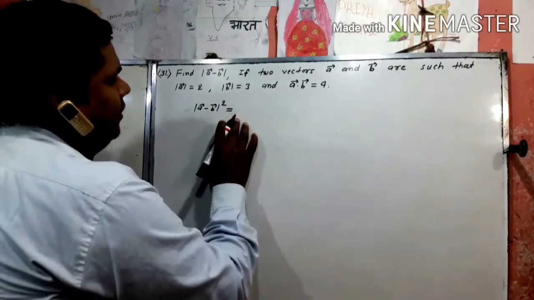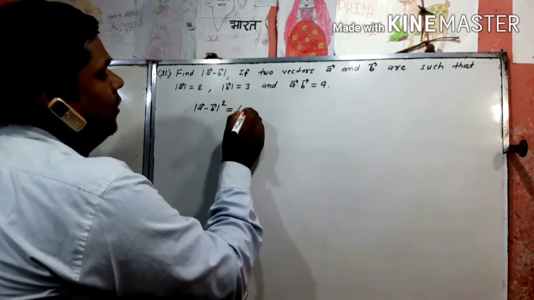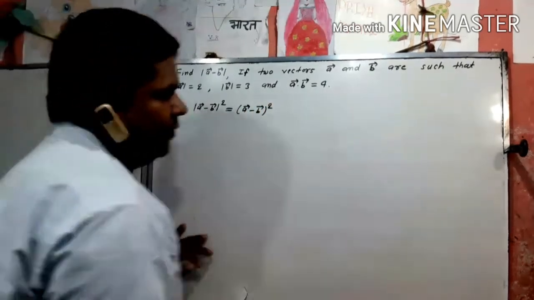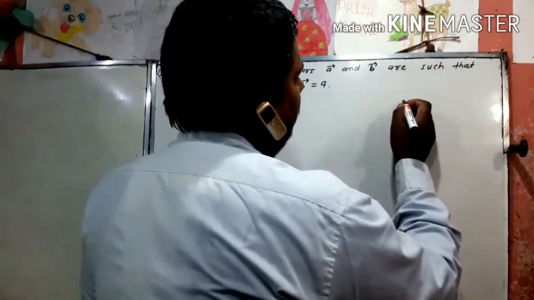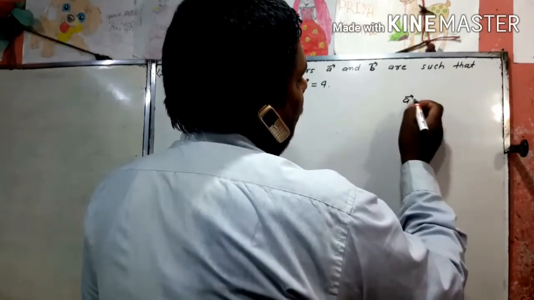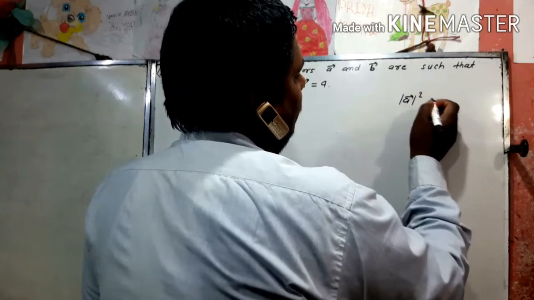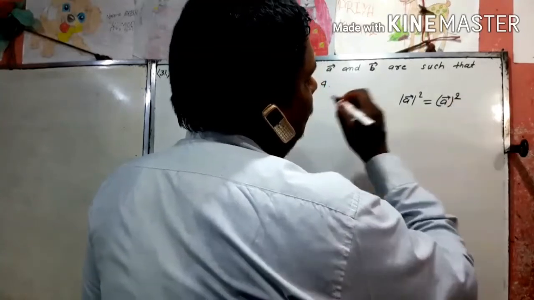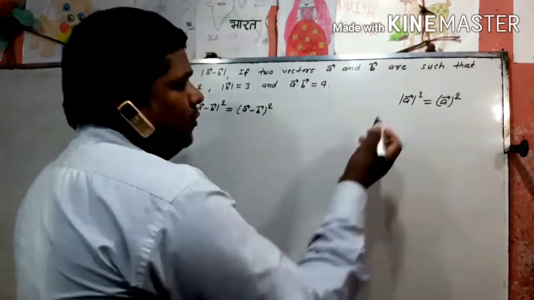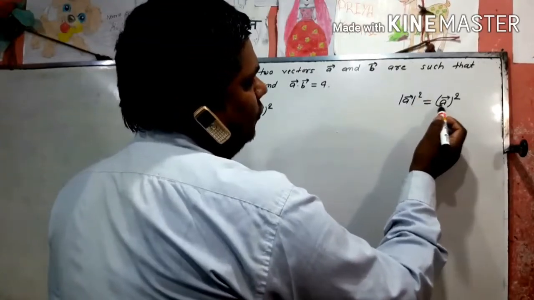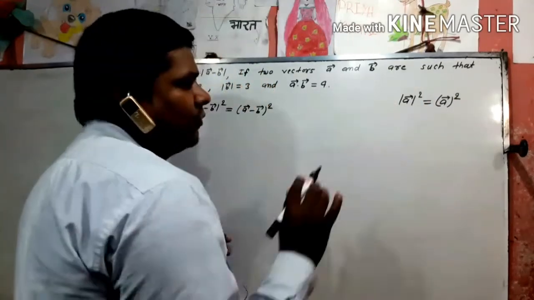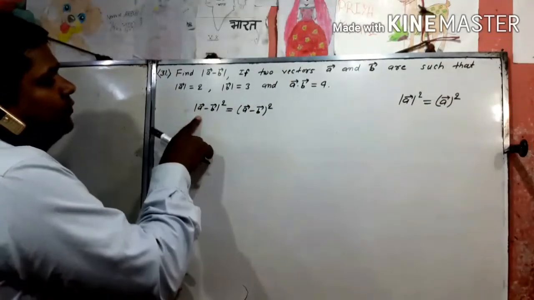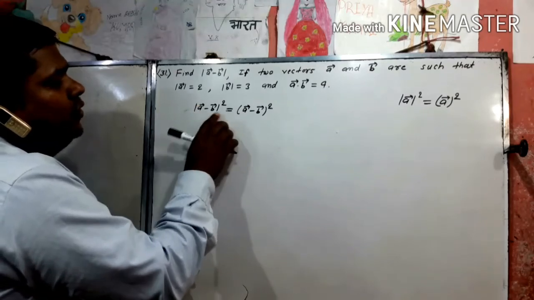We can write it is equal to a vector minus b vector to the power 2, because we know that mode of a vector to the power 2 is equal to a vector to the power 2.